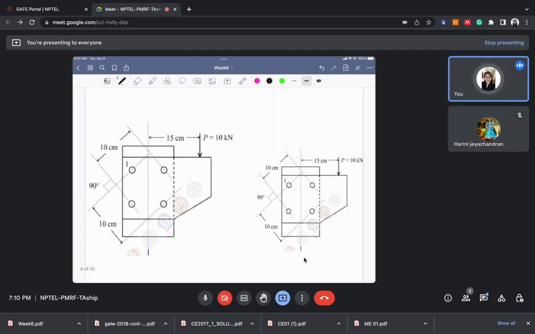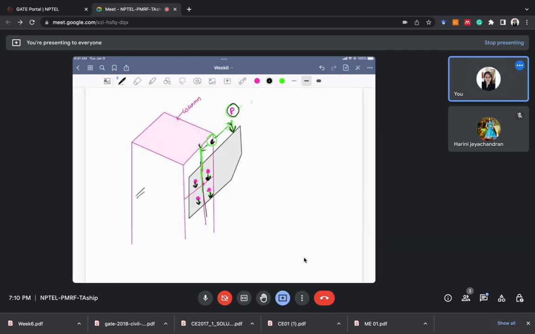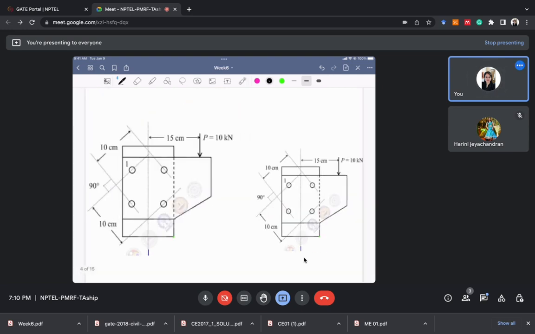Second thing, I'm drawing the same system. This was in 3D, so I'm drawing the same system in 2 dimensions now. So this is the system of our bolts. Here is the CG, let's say. And we have this applied load P, 10 kilonewton. As I've told earlier, two kinds of forces are generated.